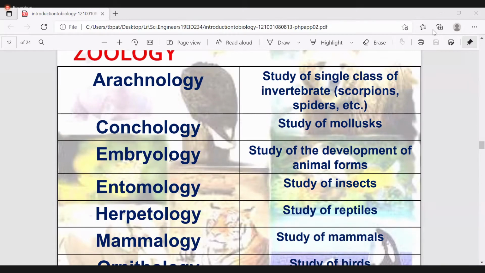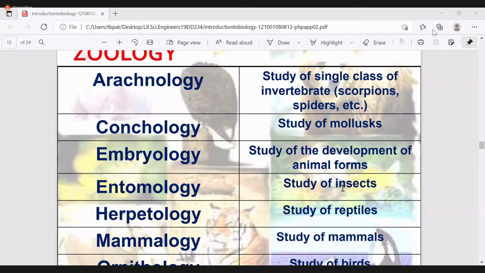Okay. Next is embryology. You heard about embryology: the study of development of animal forms. Entomology is a study of insects, insecticides, and plants especially.